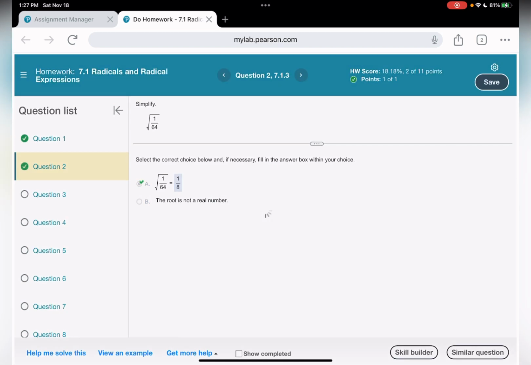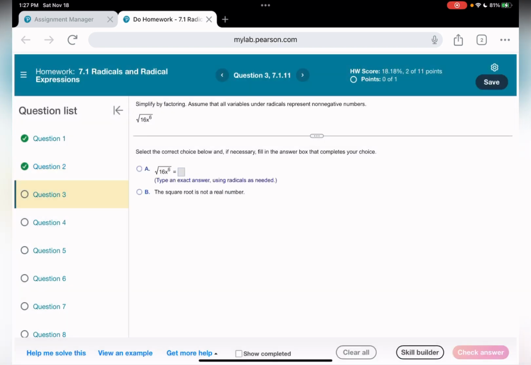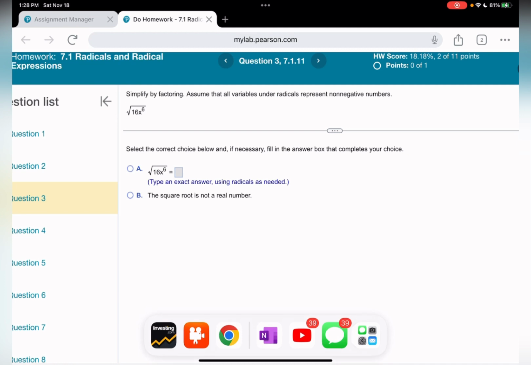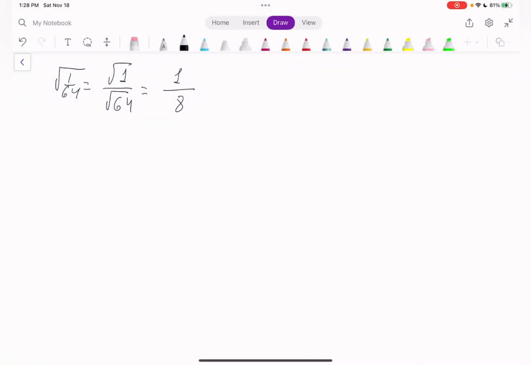Next question. Square root of 16x to power 8. Okay, let me explain this. How we're gonna take it off? When we are saying square root, we understand here degree 2.